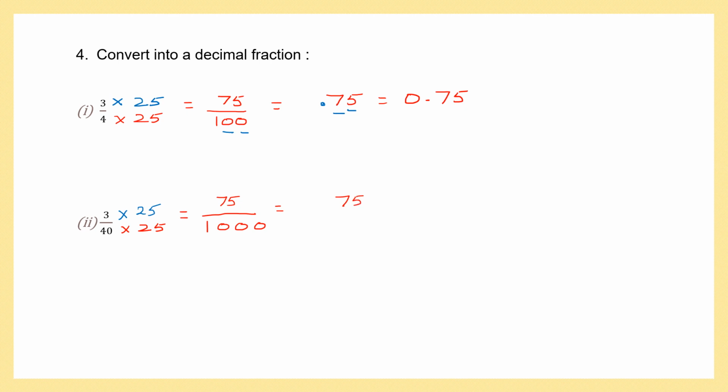Now let's count the number of zeros: 1, 2, 3. The point has to move 3 places to the left. 1, 2, 3 and then I put a point. Let me put a 0 in that place that's missing. My final answer will be 0.075.